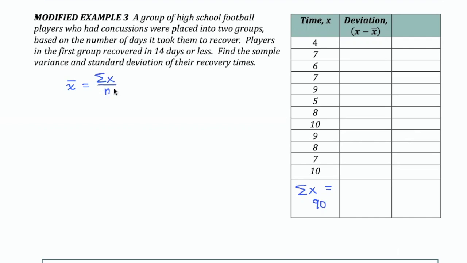The formula for mean does not change, only the variance and the standard deviation. So I'm going to take 90, divided by my number of pieces of data, which is 12, and you get 7.5. That's 7.5 days.